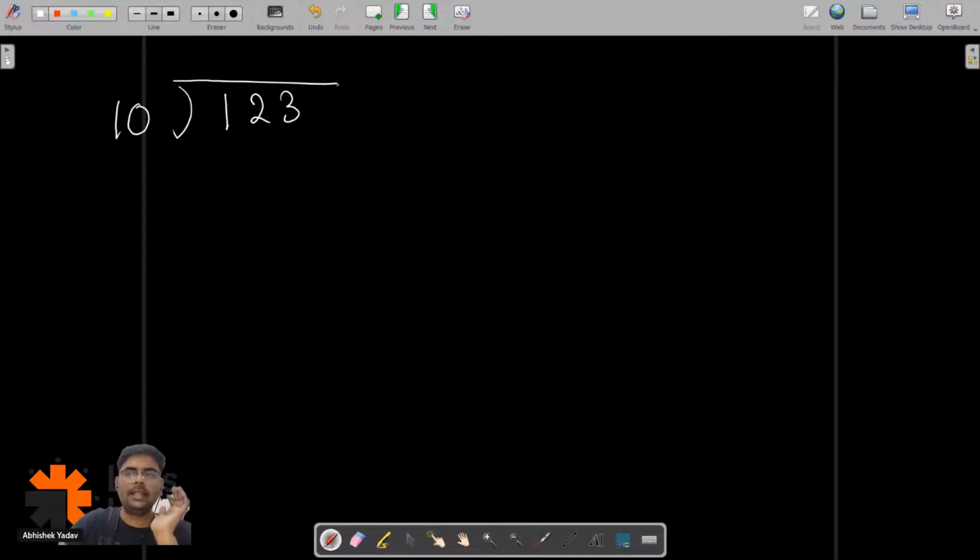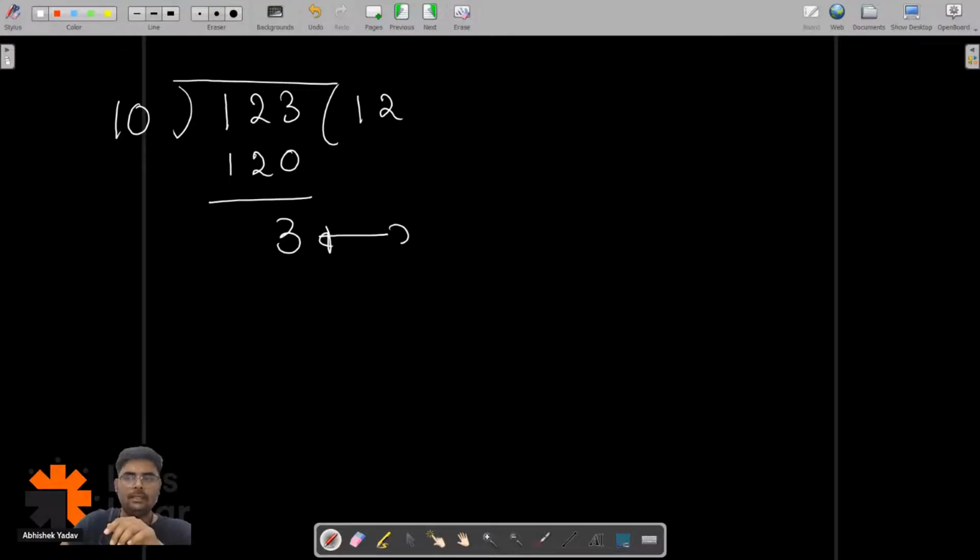So for those who are new, what is happening here? I have this number 123456, and let's take a small number, 123, and I want to find the last digit. So they are saying, divide this 123 by 10, and you will get some quotient and some remainder. So here, 12 times 10 is 120, and you will get 3 as the remainder.